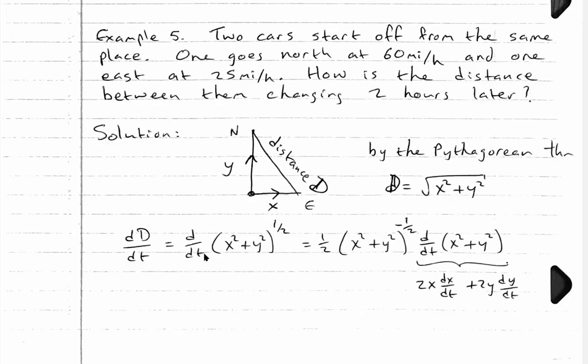We need d/dt of (x squared plus y squared) to the power 1/2. That power 1/2, the square root, is the outside function as before. The power goes down by 1, and we need d/dt of the inside function, x squared plus y squared.